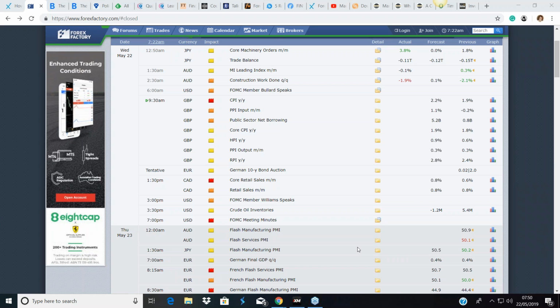Crude oil inventories, for example, yellow again, not even orange. It's an important release. It impacts the market quite dramatically on occasion, particularly if the actual is way out of whack with what is forecast, and so on and so forth. You can scan your eye up and down there, and they sort of jump off the page at you.